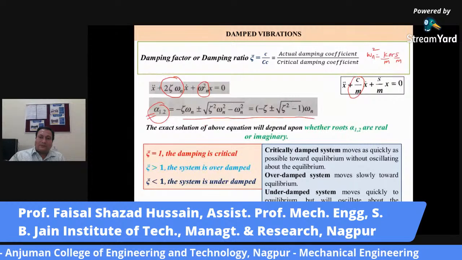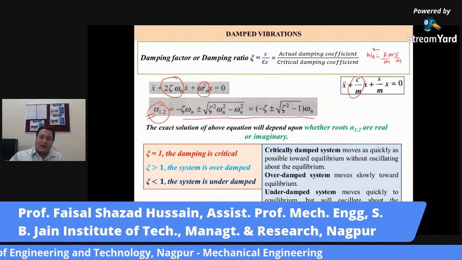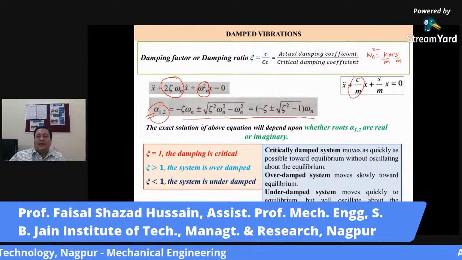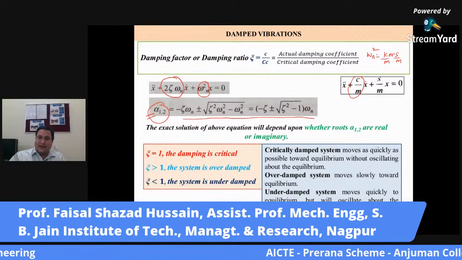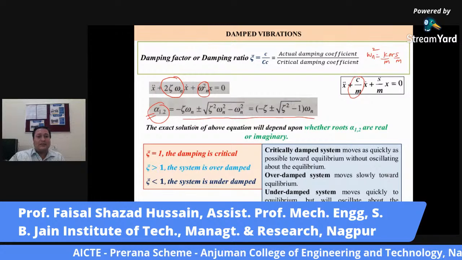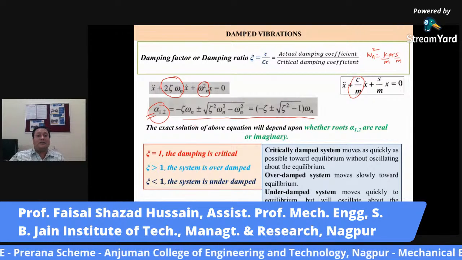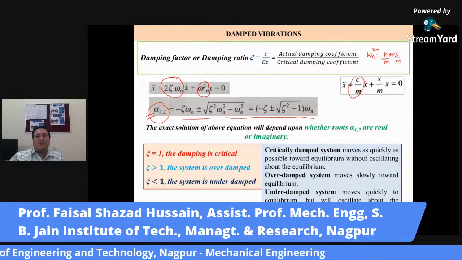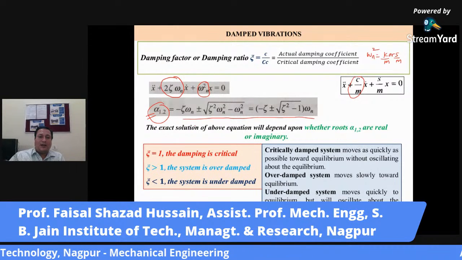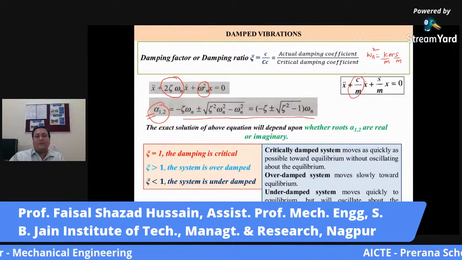Okay. Now what will happen? If the roots are real, then the system is an overdamped system. If the roots are imaginary, then the system is an underdamped system. And if both the roots alpha 1 and alpha 2 are equal, then it is a critically damped system.